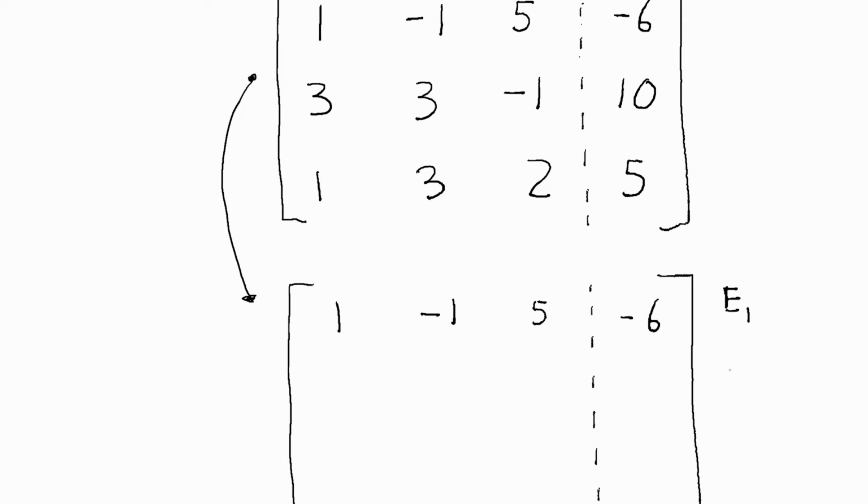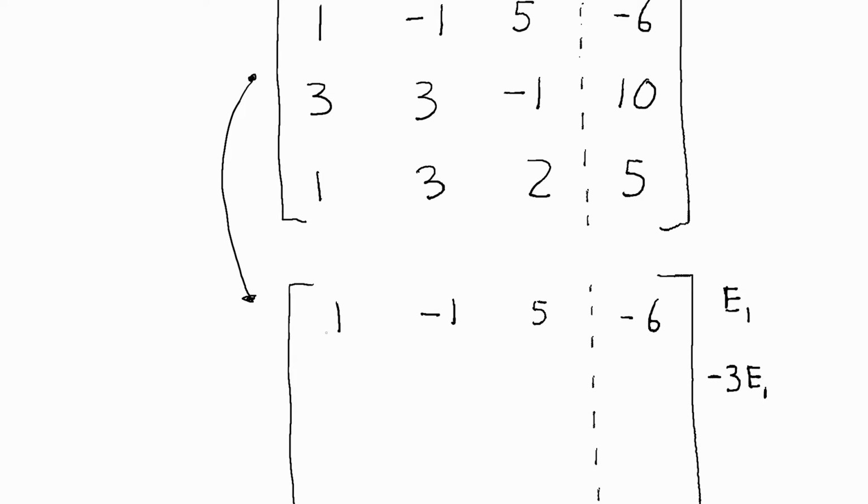Now, I'm going to use the following notation. Just like you did when you worked through those problems with elimination, you found yourself multiplying one equation. So, for example, if I multiplied the top row, now these aren't equations, but I'm still using this E to represent the first row.